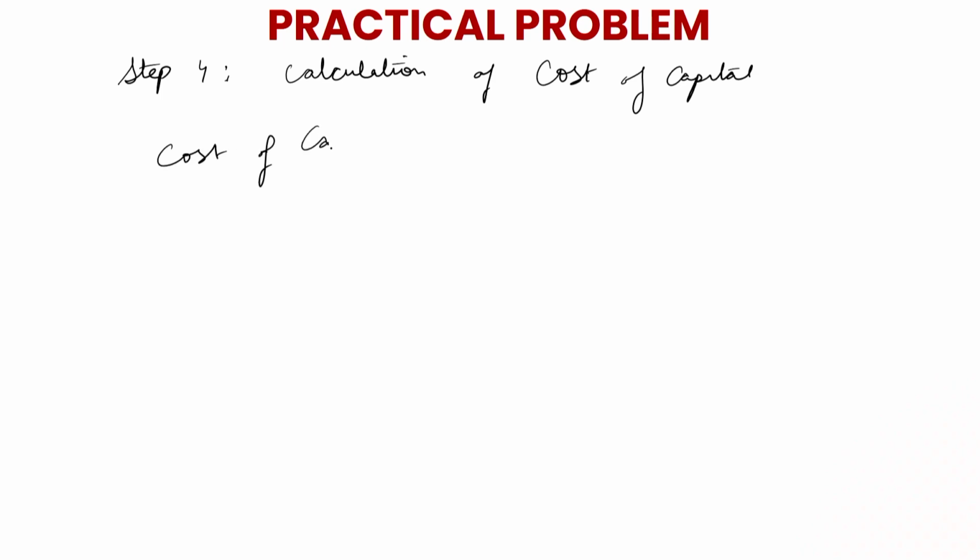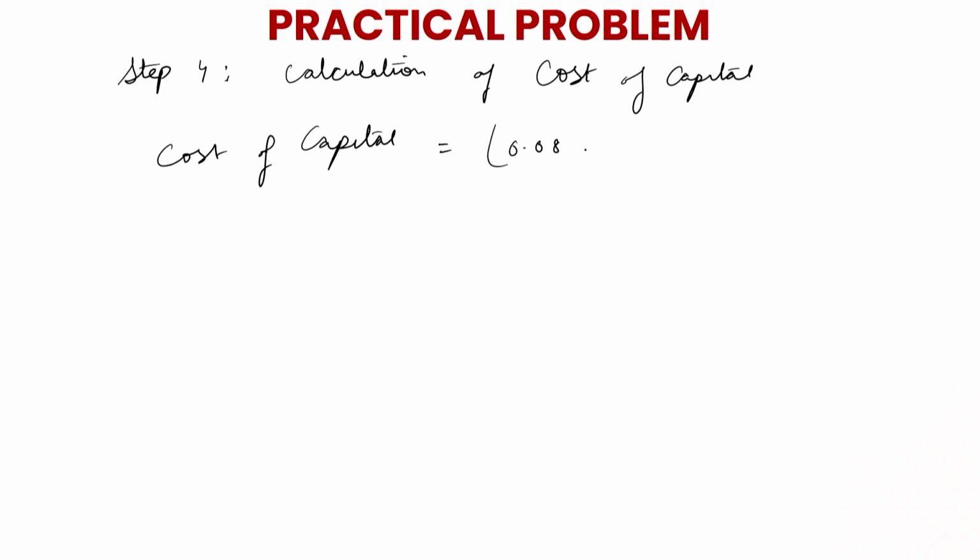Moving ahead to step number 4, now we are going to calculate the cost of capital. As you know, we are going to calculate the weighted average cost of capital. So what is given in the question, we just use the cost of capital. 8% per annum is the cost given.